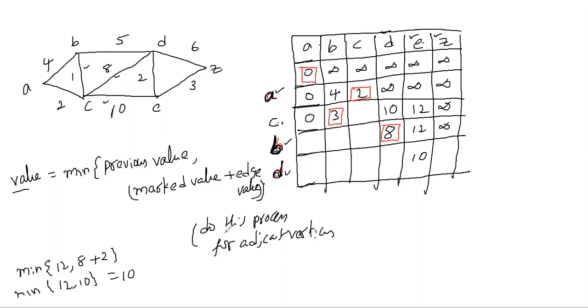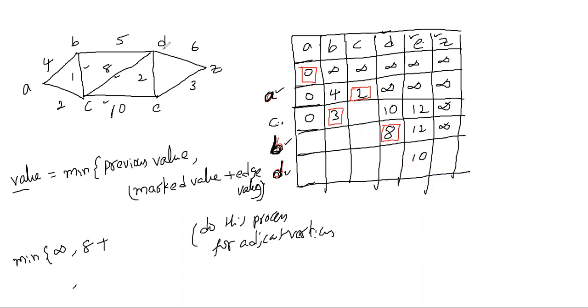Okay. Next, after that, next is Z. You have to do it for Z. Minimum of, what is the previous value? Infinity. Next, what is the marked value? 8. Next, edge value.